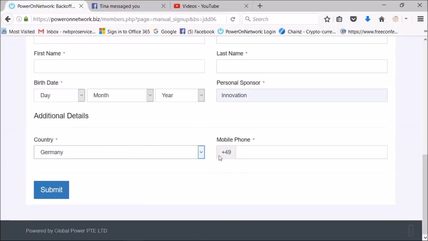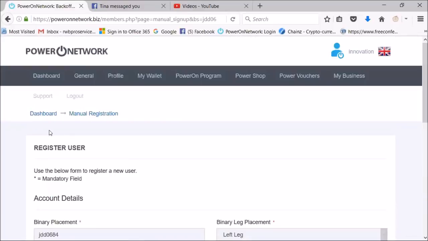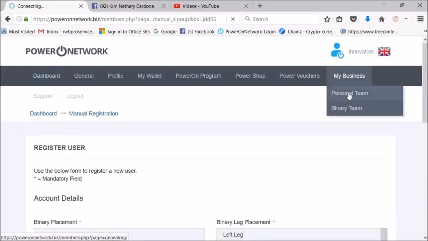But if you click Germany, again, the number will switch over here. So if somebody gives you a number from Germany, and they started off with 49, you won't need to put that 49 in again, okay? And then you would click Submit. And once you click Submit, then of course, it's going to add that person in, okay?